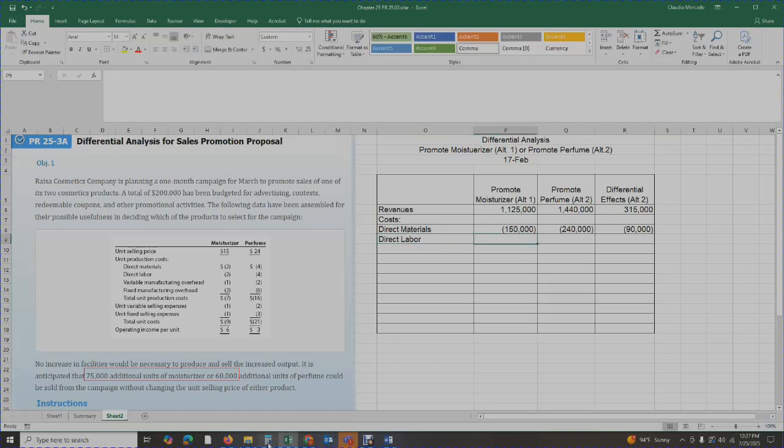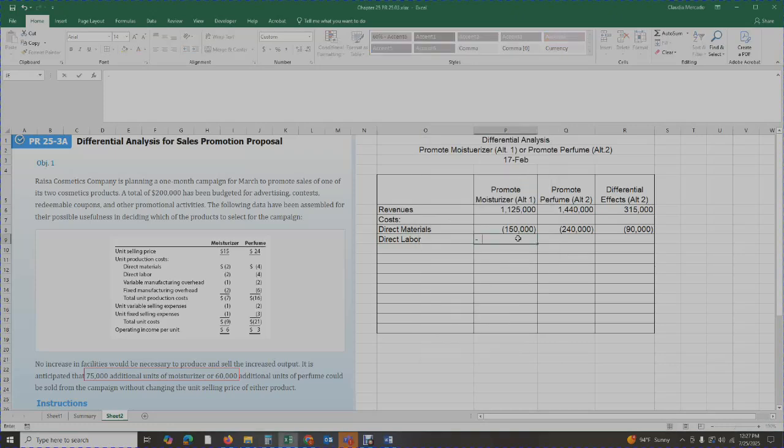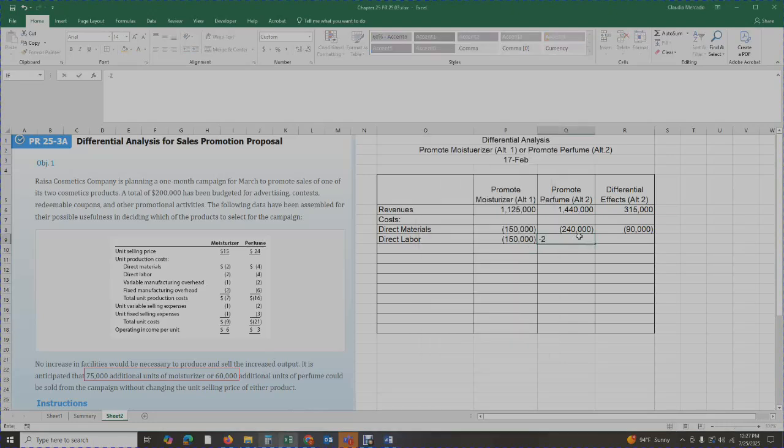For labor, remember we're doing moisturizers at 75,000 units at $2. That's going to be 150,000. For alternative 2, we've got 60,000 units at $4 a piece. That's going to be 240,000.